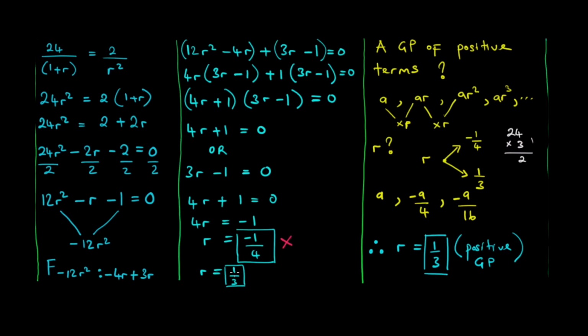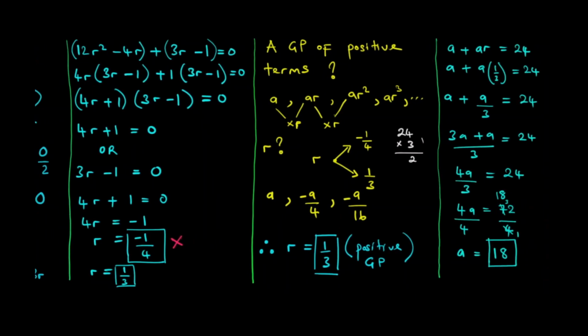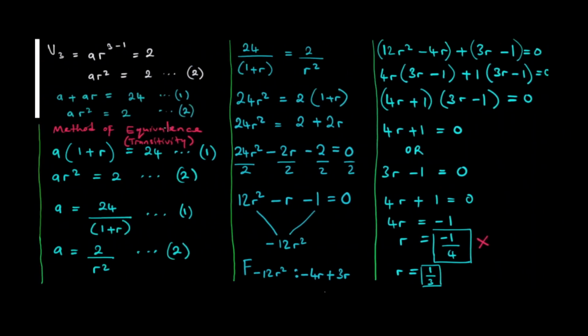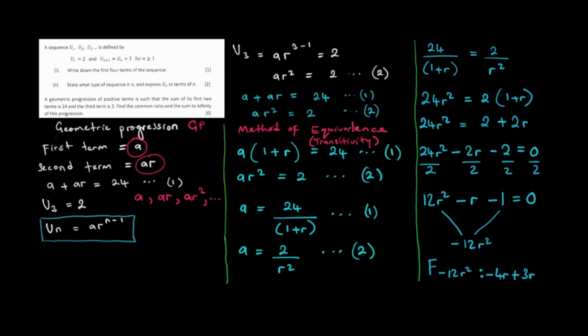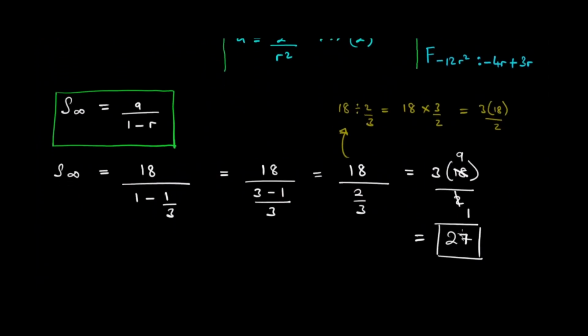So we take the positive value of R. Then with this positive value of R, we calculate the value of A. Now A and R are what we eventually used to find the sum to infinity, which in this case is 27. But remember, the sum to infinity of a geometrically progressing sequence is equal to A over 1 minus R. So this is all we had.